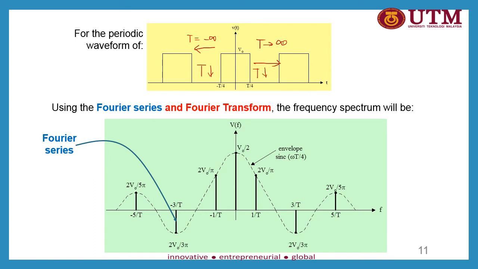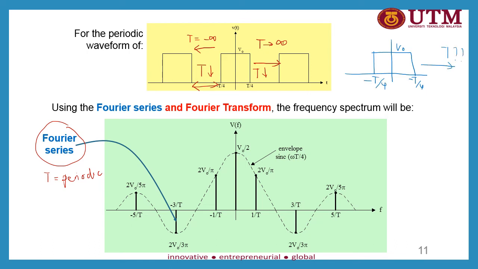you can plot the spectrum by using Fourier series because you know the T. So in this case, it is a periodic signal, or you can identify the T. But if the signal now appears like this, a rectangular signal V naught, and T over 4 and minus T over 4, you don't know the T. Therefore, you cannot represent the spectrum as lines as in Fourier series.